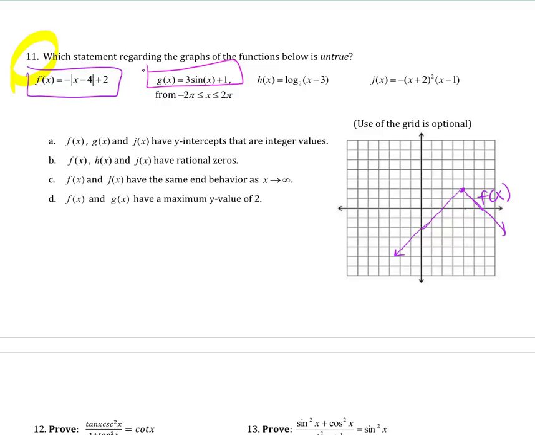Oh, I can't really do this on the same axes. So below, I'll think to myself, all right, I've got an amplitude of 3, and period is going to be in terms of, it's going to be 2 pi units because my frequency is 1. So this is 2 pi, this would be negative 2 pi. And then everything's also been shifted up 1 unit, so it's oscillating about that midline.